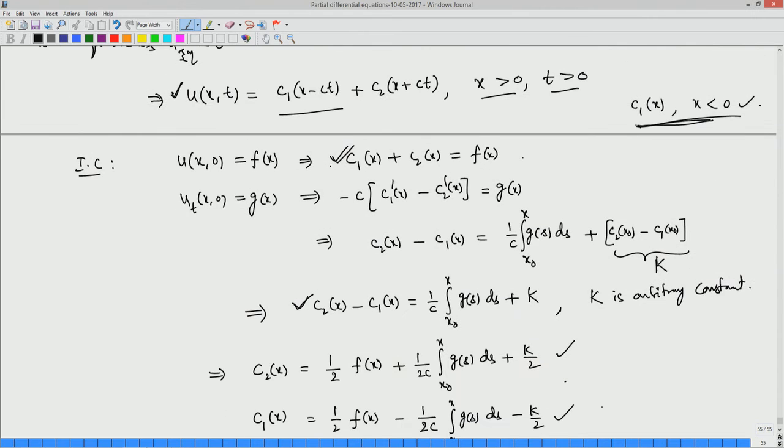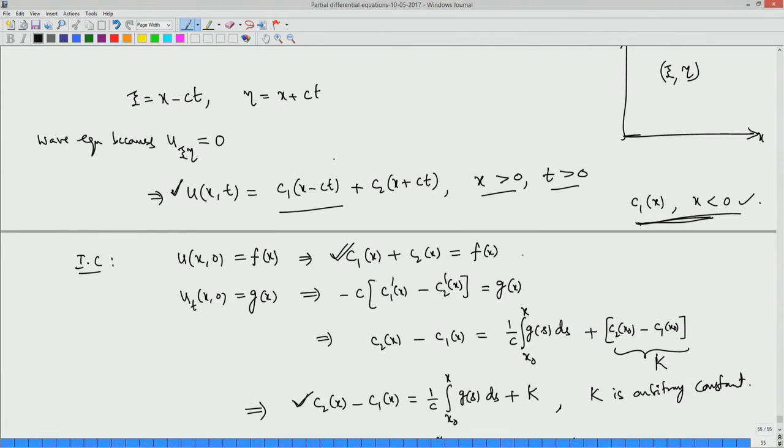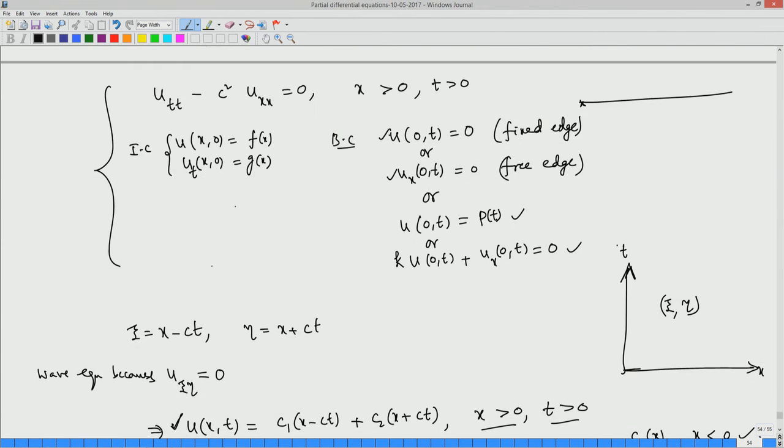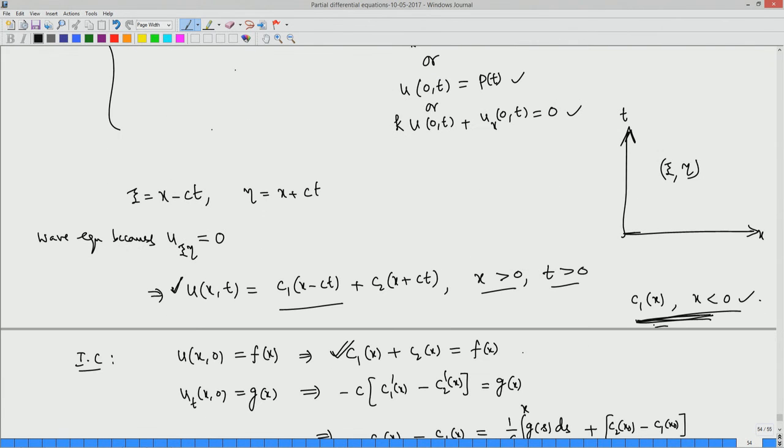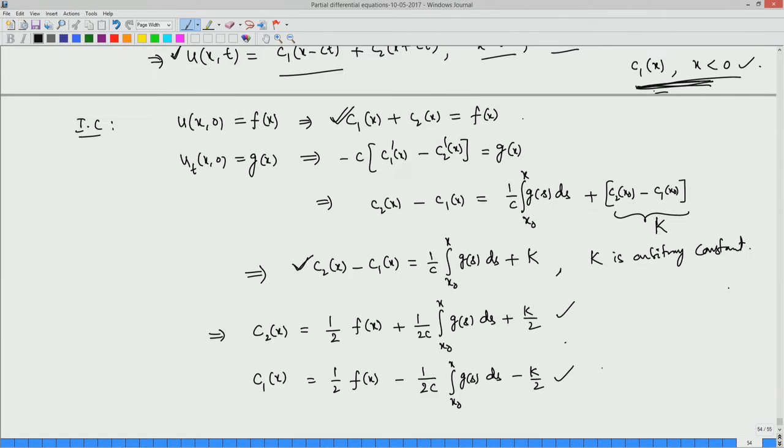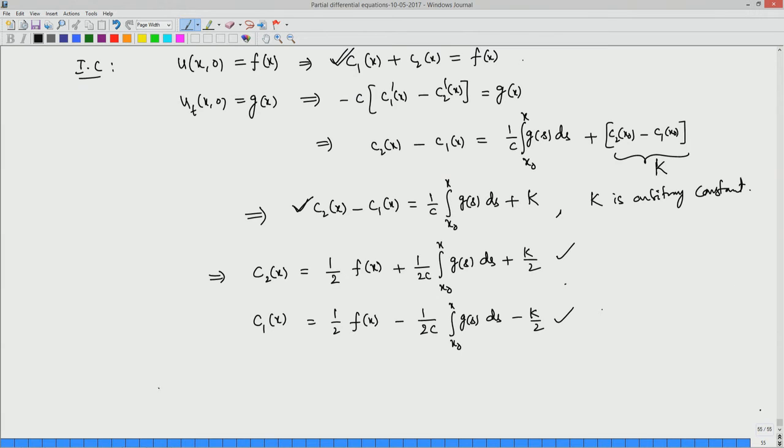So if you want these negative values for this function, that can be gotten from this boundary condition. So I use this boundary condition to get these negative values, whatever is required for the solution. So let us see how we do this. u at (0, t) equal to 0.